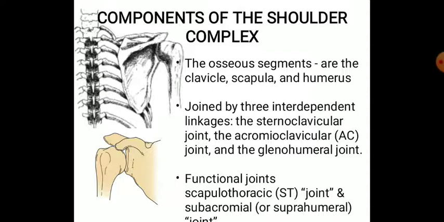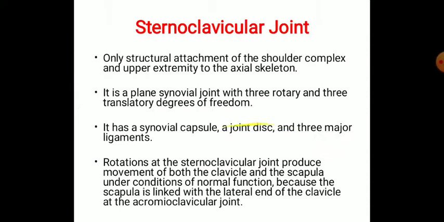There is no other direct attachment; the clavicle gives the connection between the upper limb and the axial skeleton. So now you might understand why we have this clavicle. What's its importance? Whenever there is a fracture or injury to the clavicle, our whole upper limb function may get disrupted. That's the importance of the clavicle bone.